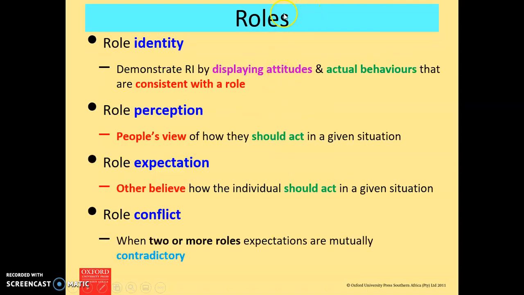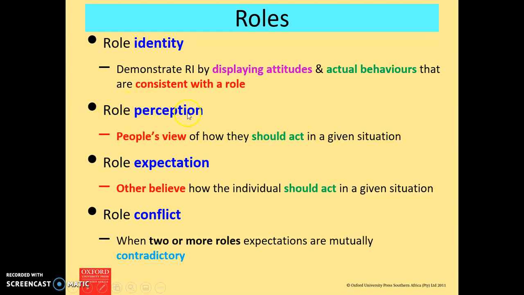So roles can consist of role identity, where people demonstrate their role identity by displaying attitudes or actual behavior that are consistent with a role. So role identity is referring to displaying attitudes and actual behavior that are consistent with the role that they are playing. Role perception is based on the people's view of how they should act in the given situation.